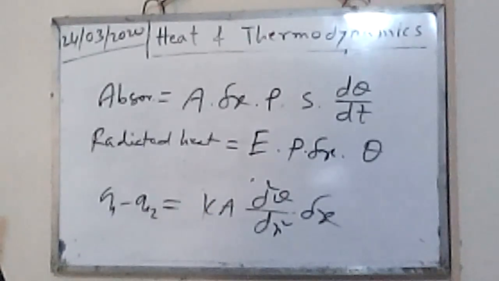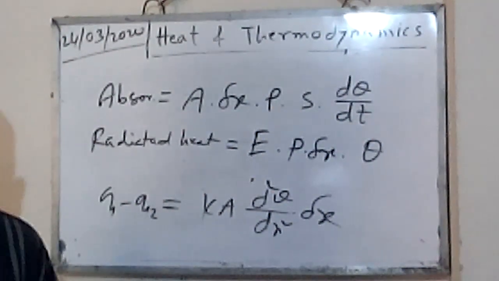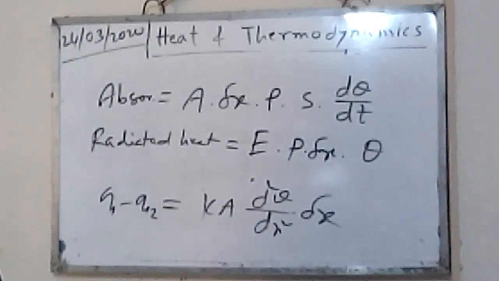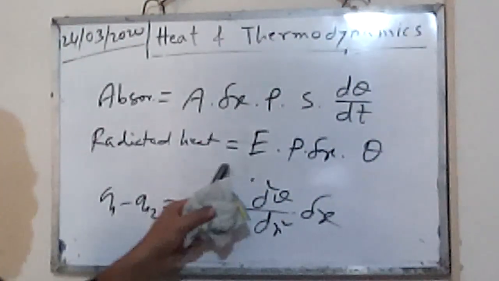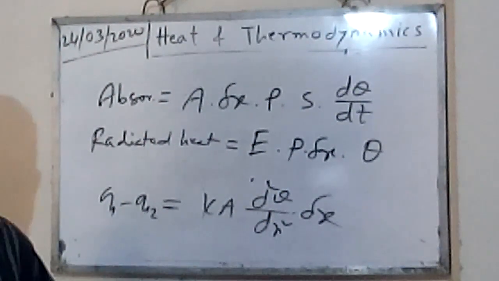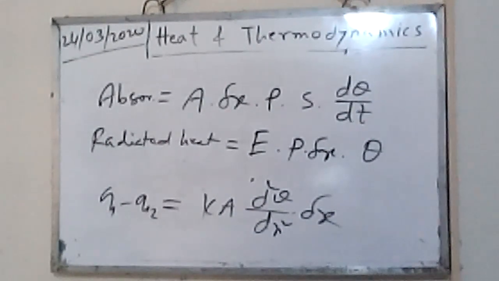E is the emissive power. Emissive power means the quantity of heat radiated from the surface per second per unit area per unit temperature difference. So this is the equation for radiated heat energy.